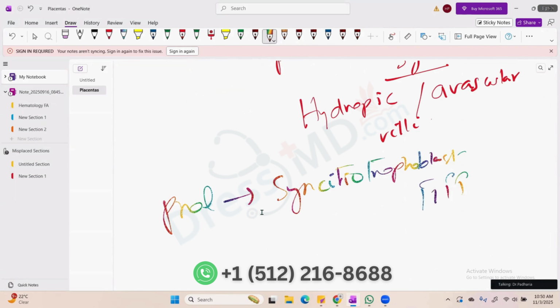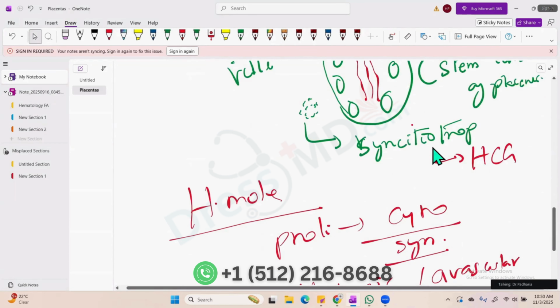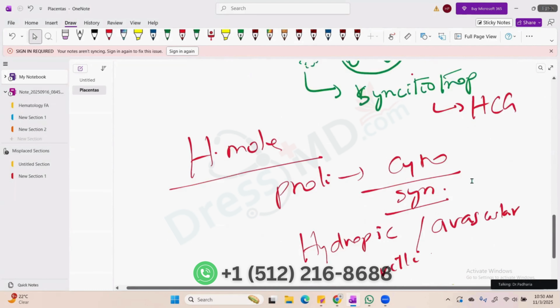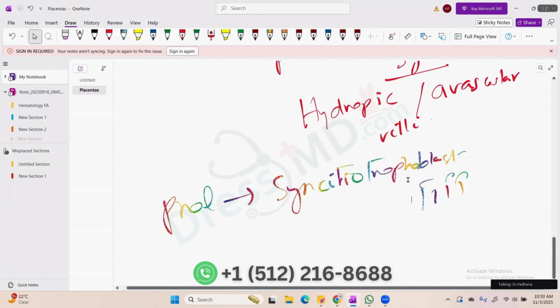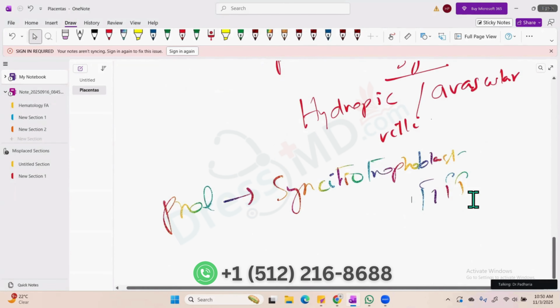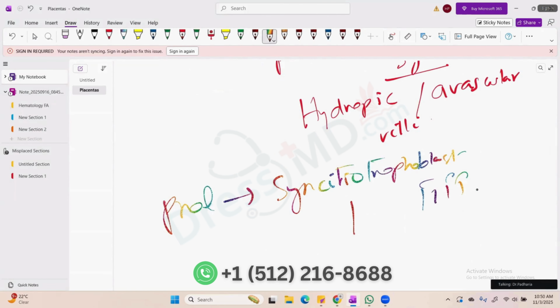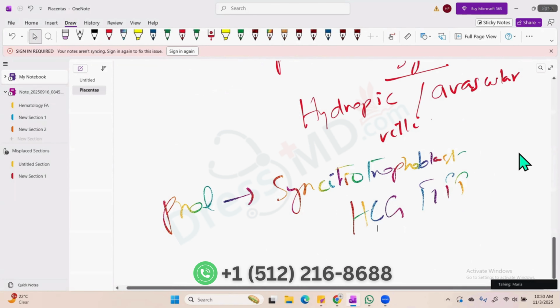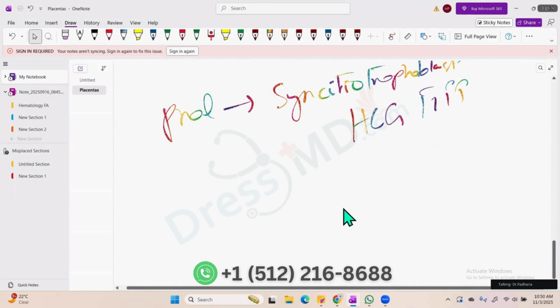Because like you guys said, normally syncytiotrophoblast produces HCG. But when there's a proliferation of syncytiotrophoblast, as you see in hydatidiform mole, the beta HCG level will be very high. Correct?